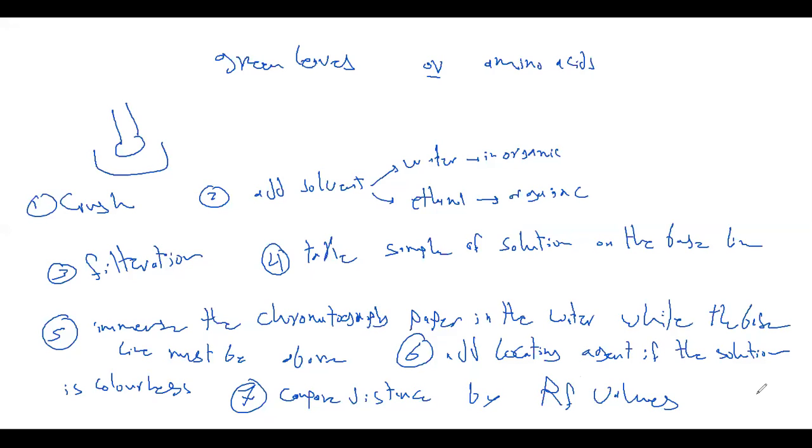Okay, so for chromatograph paper, at the beginning you have a solid, then crush with mortar and pestle. Add solvent. If you have inorganic material, you add water. Organic, you must add ethanol. Like green leaves, this is organic. Amino acids are organic, so you add ethanol. After that, make filtration.